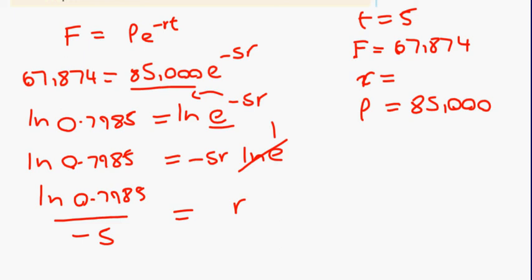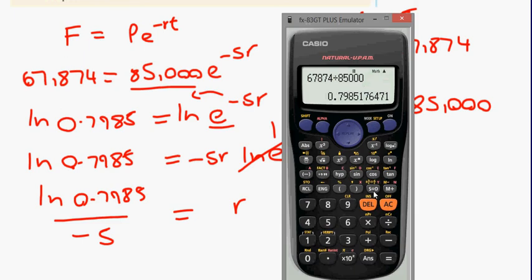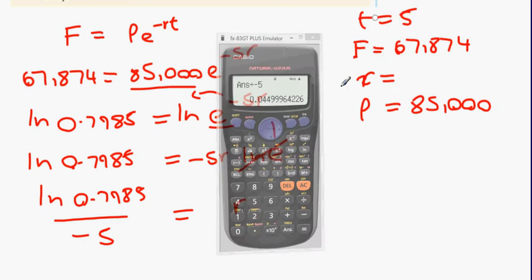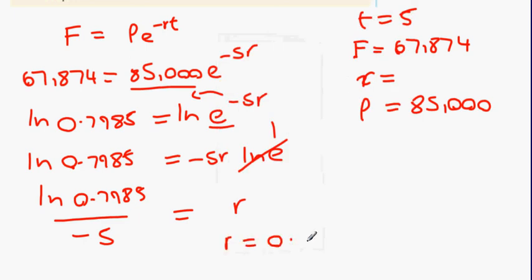Now I'm just going to save that in my calculator. This number here is still saved, so what I'm going to do is ln my answer. Then I'm going to divide that number by minus 5, and there I am, 0.04499, so 0.045. And that equals R equals 4.5%. Okay, and that's question 15.